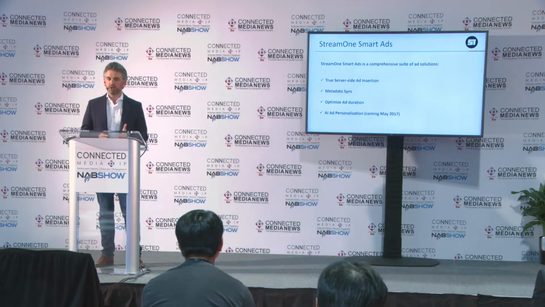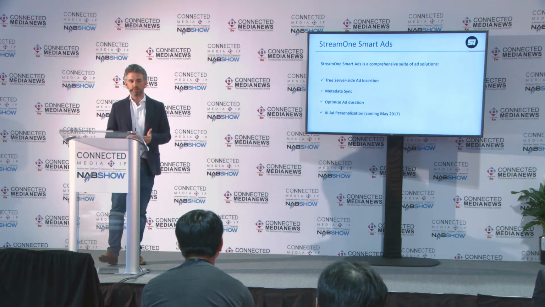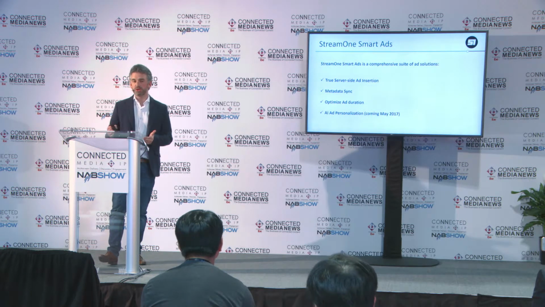But the really interesting part, which we are officially launching at Streaming Media East in New York, which is just, I think, 2 weeks and a bit away, is artificial intelligence ad personalization. This means that for every single request, we will use a machine learning algorithm to determine if the user should see an ad.